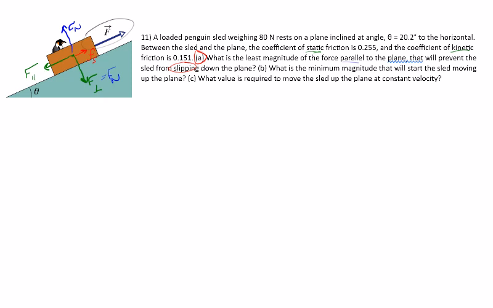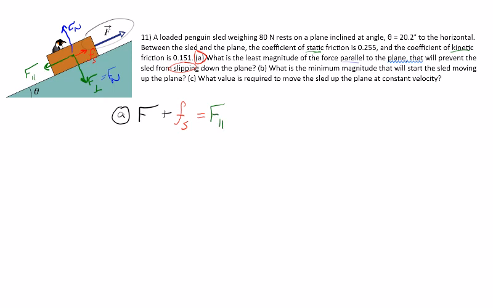Static friction itself, I'm assuming, is going to be smaller than the parallel force. When I'm trying to find this force for part A, it added with the little bit of static friction should equal my parallel force.